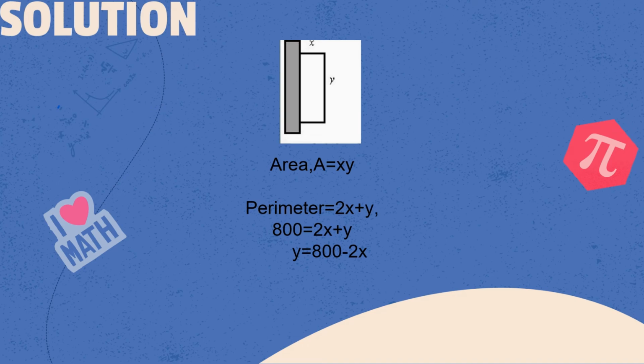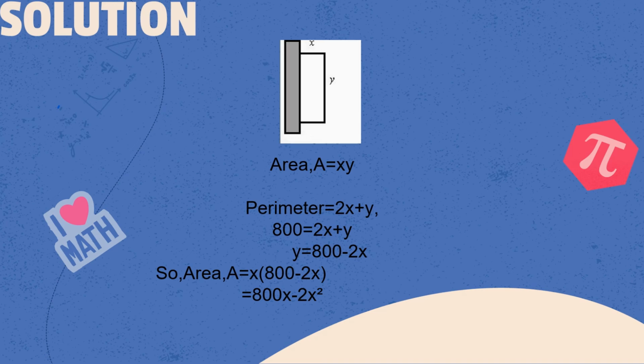So the perimeter is equal to 2x plus y, and the question gives us the total length of the security fence, which is 800 meters. So 800 equals 2x plus y, and we want y as the subject, so we get y equals 800 minus 2x.